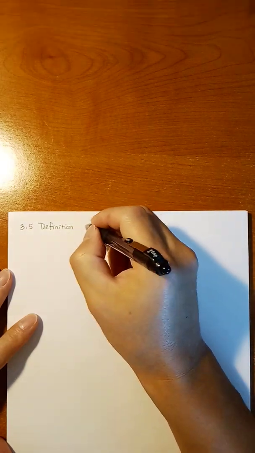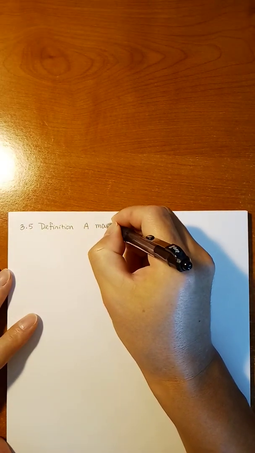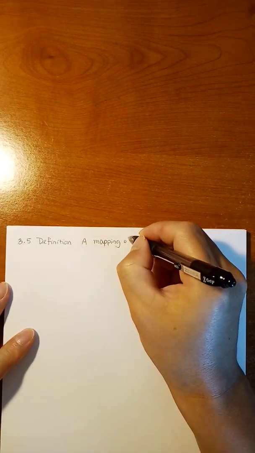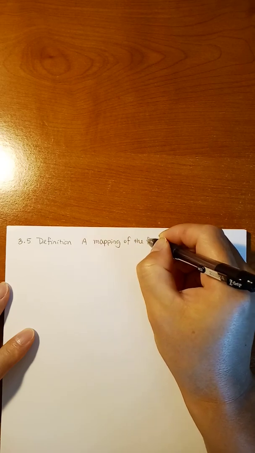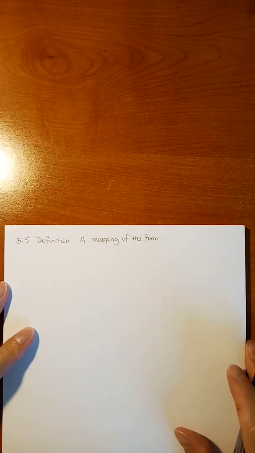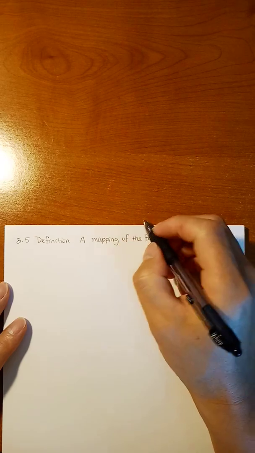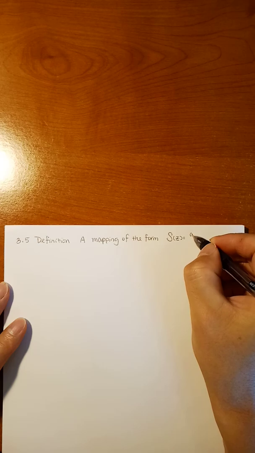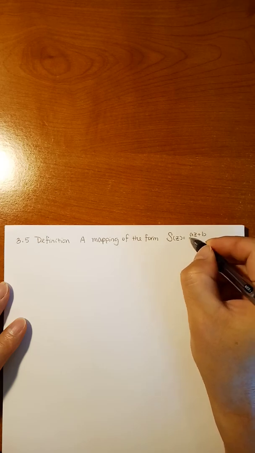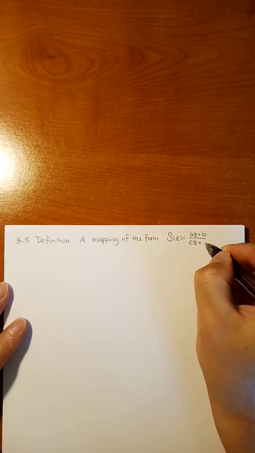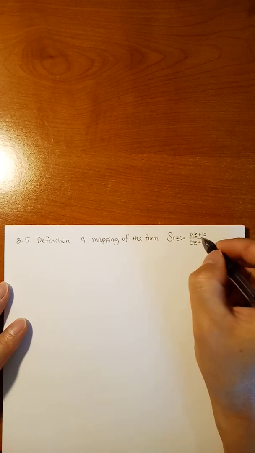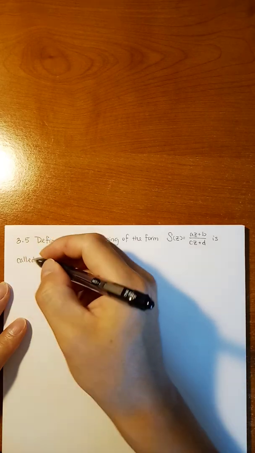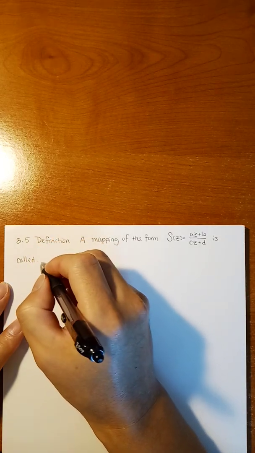Okay, a mapping of the form S of z equals (az plus b) over (cz plus d) is called a linear fractional transformation.